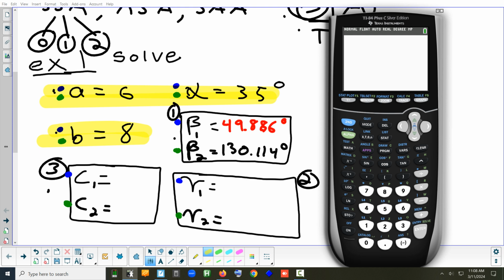Yep, that's what I was looking for. So the alpha plus beta 1, subtract that from 180. All right, so we can do that all in one step. It's going to be 95.114. Yep, 95.114. So that's gamma 1.